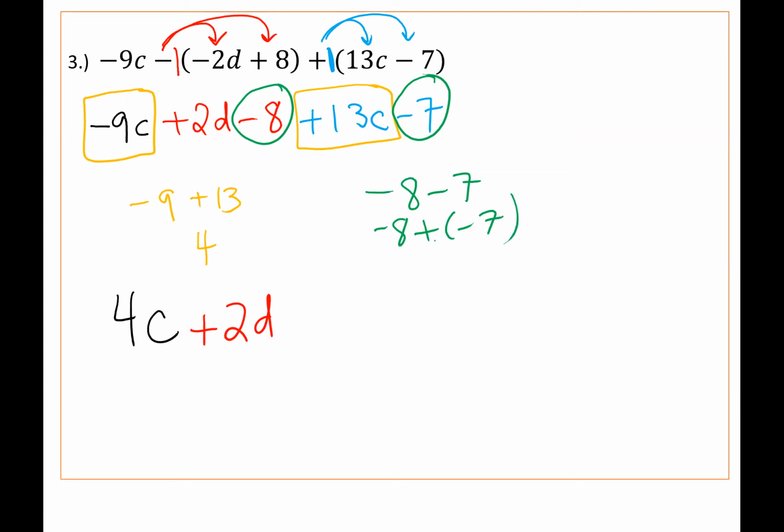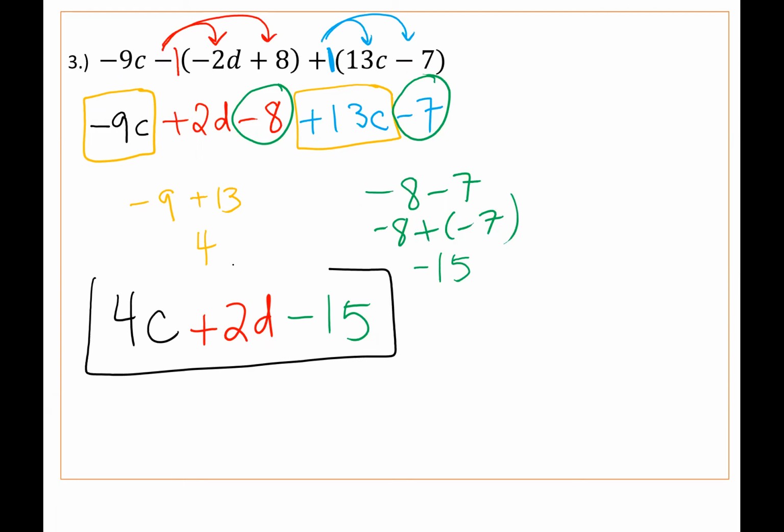They have the same sign, so we add. 8 plus 7 is 15, and keep the common sign. They're both negative, so it becomes -15. So I'm writing -15. So I have 3 terms in our final answer. 4c plus 2d minus 15. And that's our final answer.